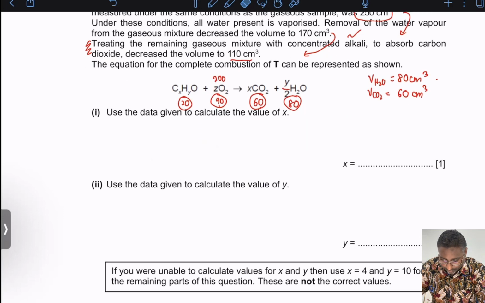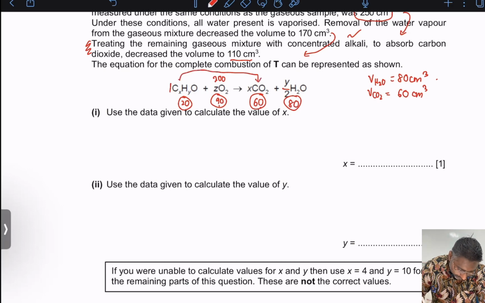So here, what I can notice is to use the data given to calculate the value of X. You see here, 1 mole changes into this, from 20 to become 60. Felicia, what might be the value of X? From 20 to become 60, how is 60 formed from 20?